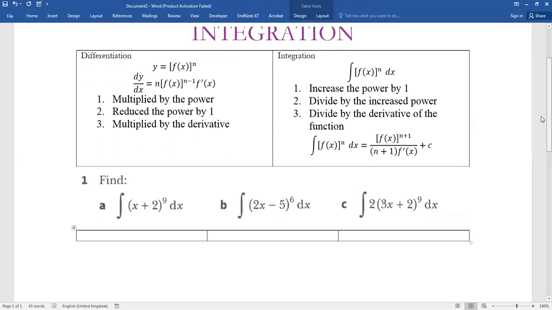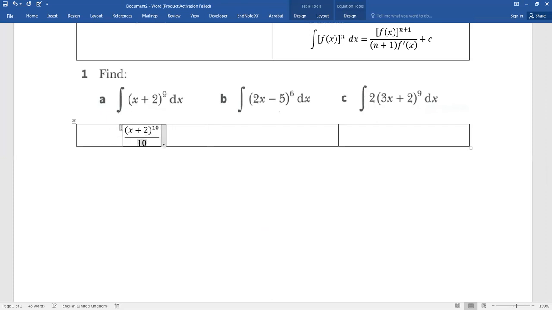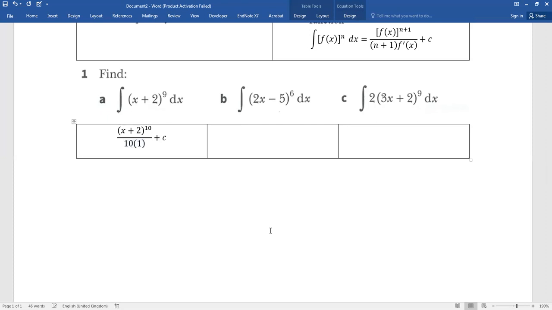If you were to integrate it, x plus 2 will get a power 10, and I'll divide by the increased power. The derivative of the function is 1, so I'll just divide by 1, plus c. Is this clear? Yes, sir.